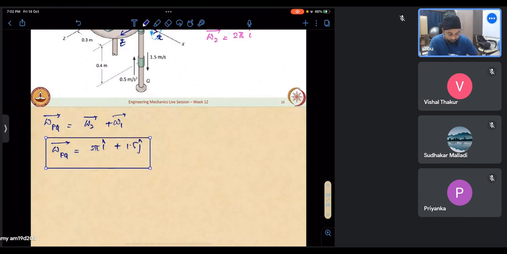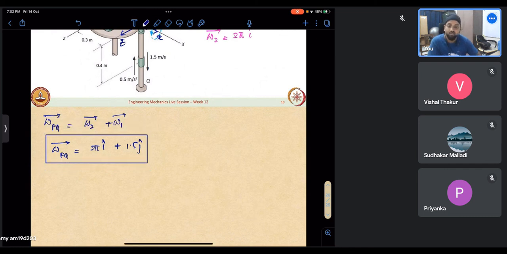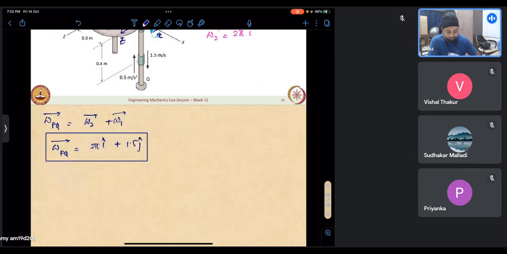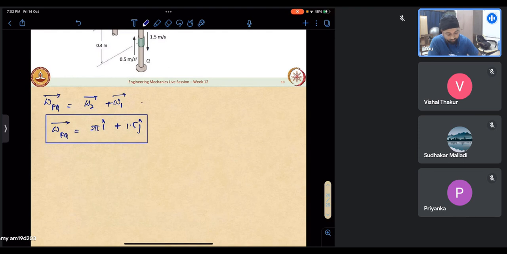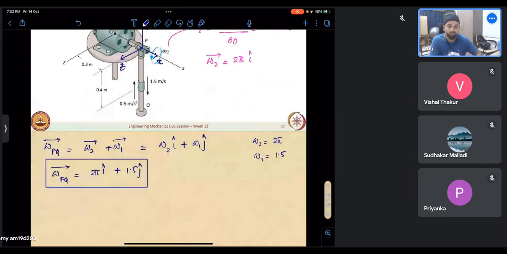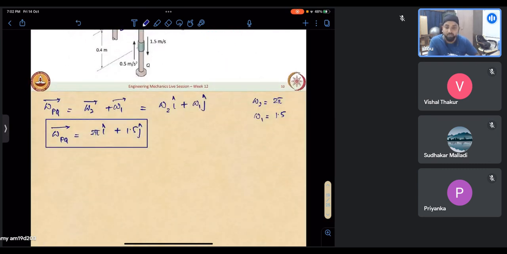So far, so good. Let me also write this as omega 2 I plus omega 1 J, where omega 2 is 2 pi and omega 1 is 1.5. Okay, so omega PQ we have.